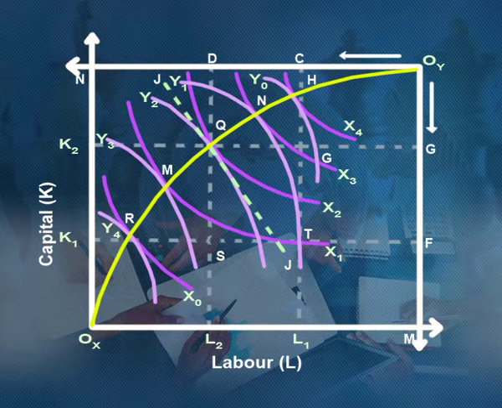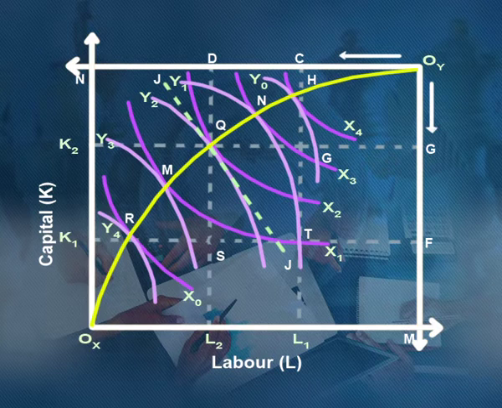But point T does not represent an equilibrium position, because from point T the economy can move to a point M or N on the contract curve by reallocating resources between the two goods, where the output of one good increases without a reduction in the output of the other good.